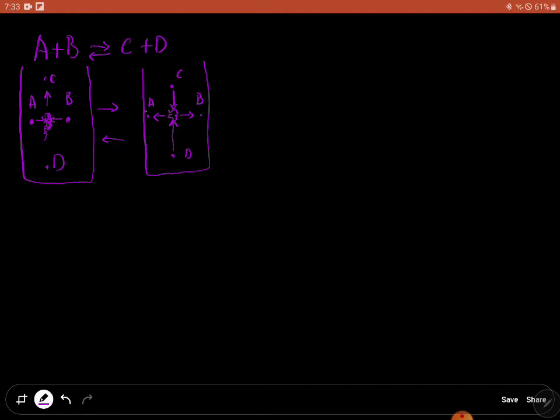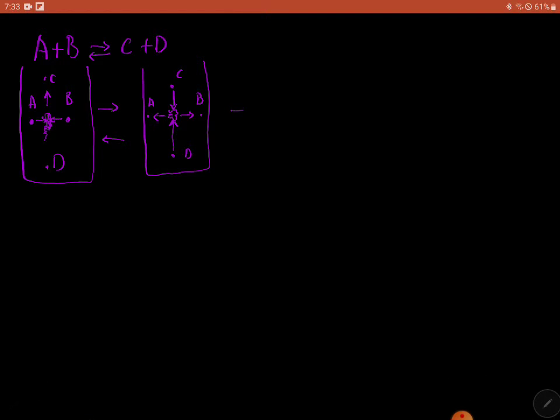This is a simple model, but we have to understand it. So let's make more detailed examples of why this is happening.